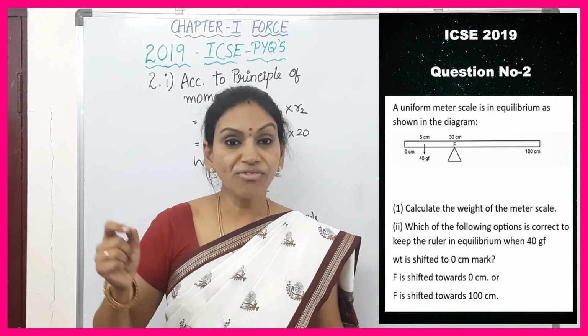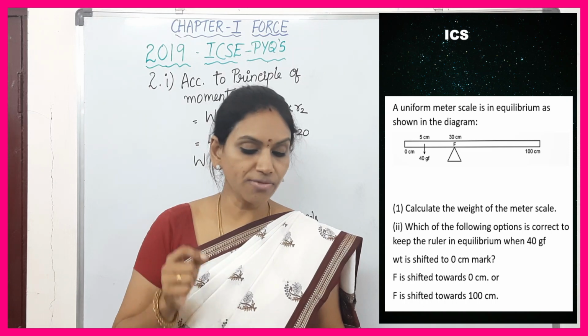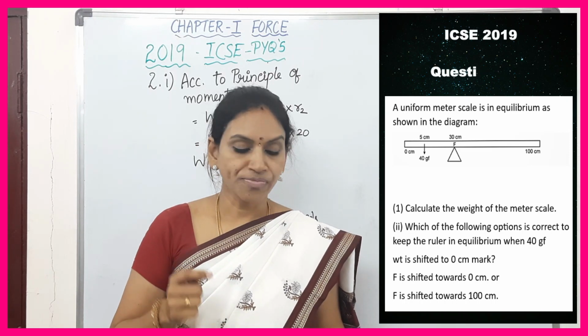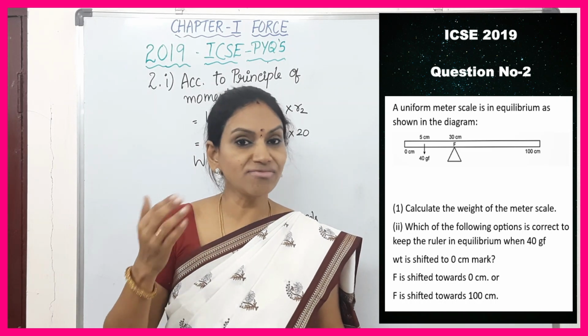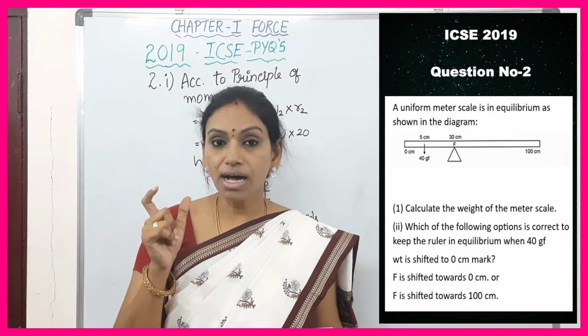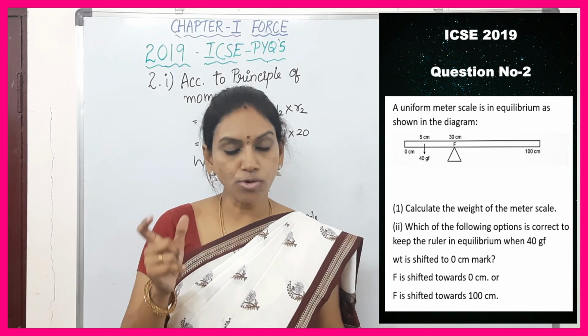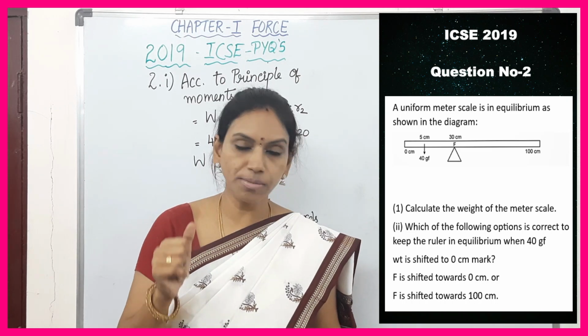That is, it has 0 to 100 centimeter and is pivoted at 30 centimeter. So they are hanging a 40 gram force at 5 centimeter. So what will be the distance? The perpendicular distance is of course 25 centimeter. That is R1 is 25 centimeter.